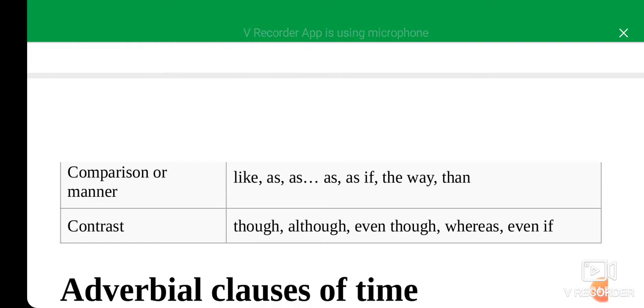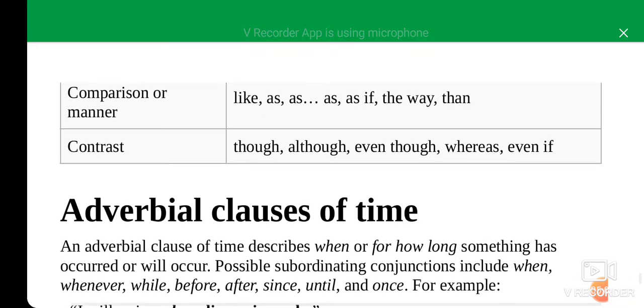Comparison or manner is shown with the subordinating conjunctions like, as well as if, the way, or than. And the contrast is shown in adverbial clause with the subordinating conjunctions though, although, even though, whereas, even if.